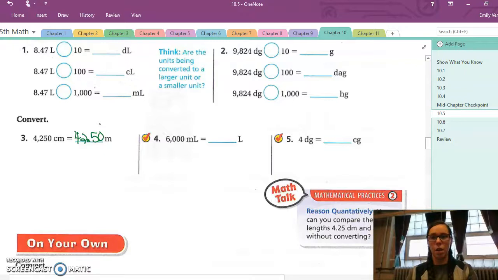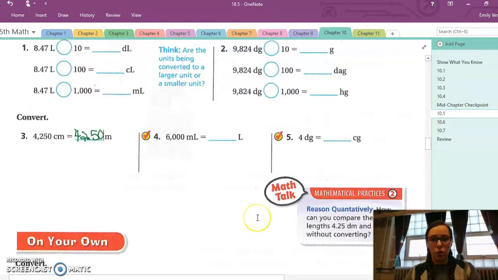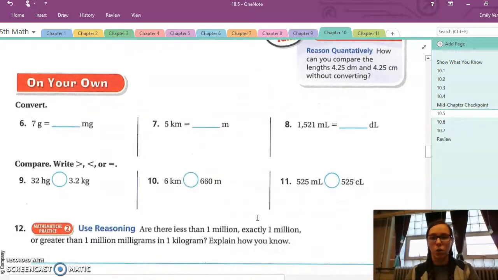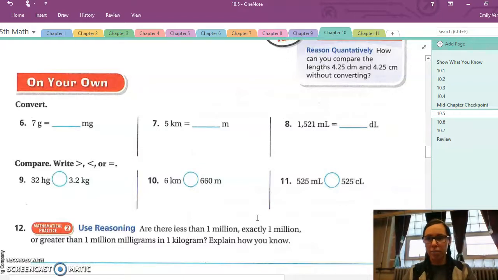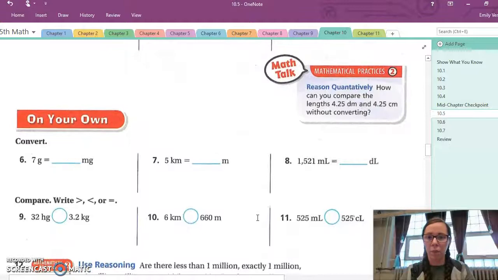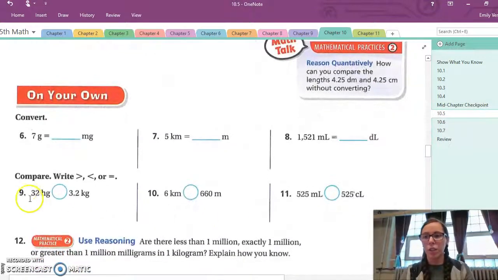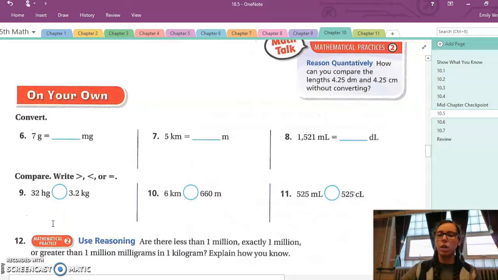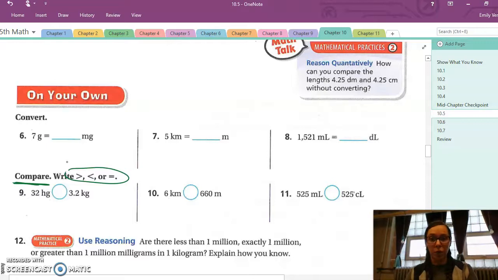Okay? Let's do one of these down here. I guess these don't have decimals in them. Okay, well let's look at number 9. Number 9 is a comparison using greater than, less than, or equal to. It's the same as what we did before, where you have to change one into the other so that you can compare them.